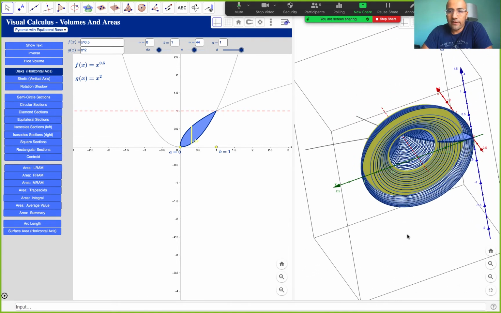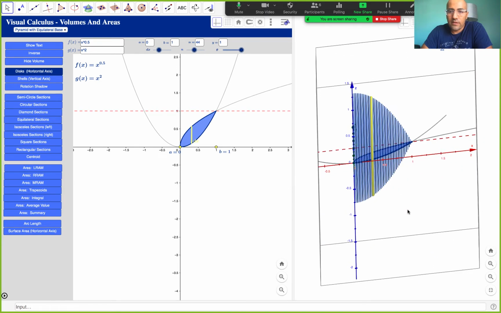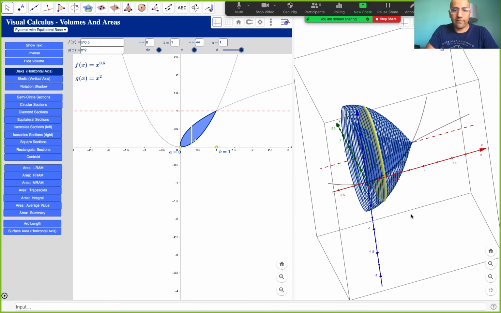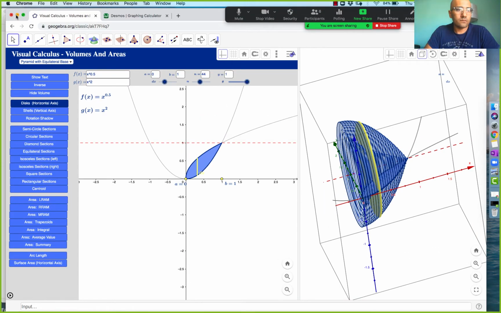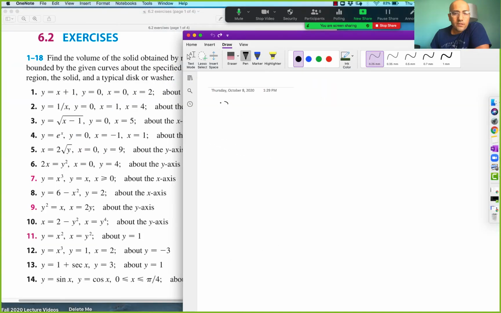Kind of. Okay, so now that we have a sense of what's happening, let's see if I can write some stuff down. So this is chapter 6, section 2, exercise number 11.